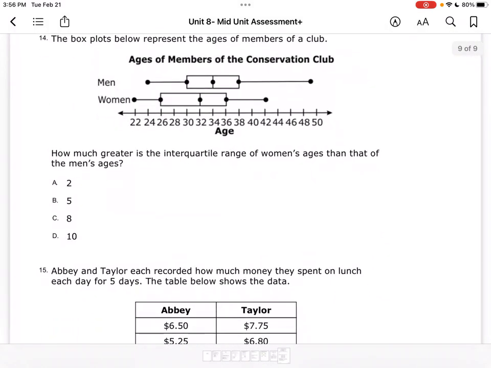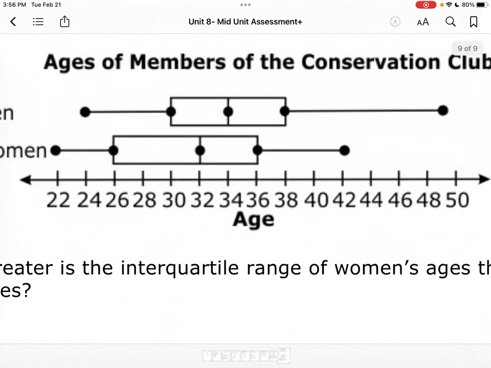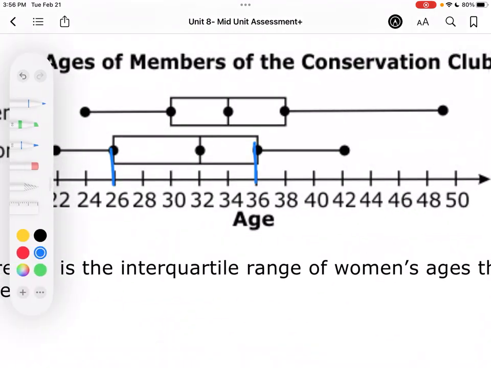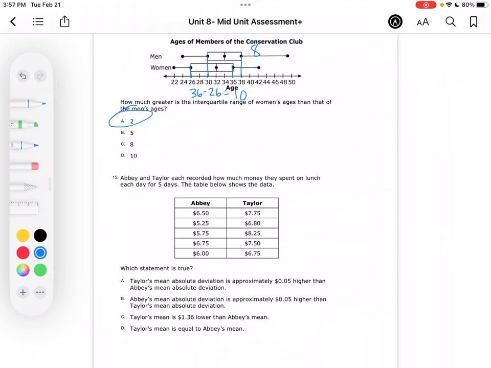All right, how much greater is the interquartile range in the women's ages than that of the men's? Well, we know that we're doing 36 minus 26. So we should have 10. And then 38 minus 30, which is 8. So it's 2.